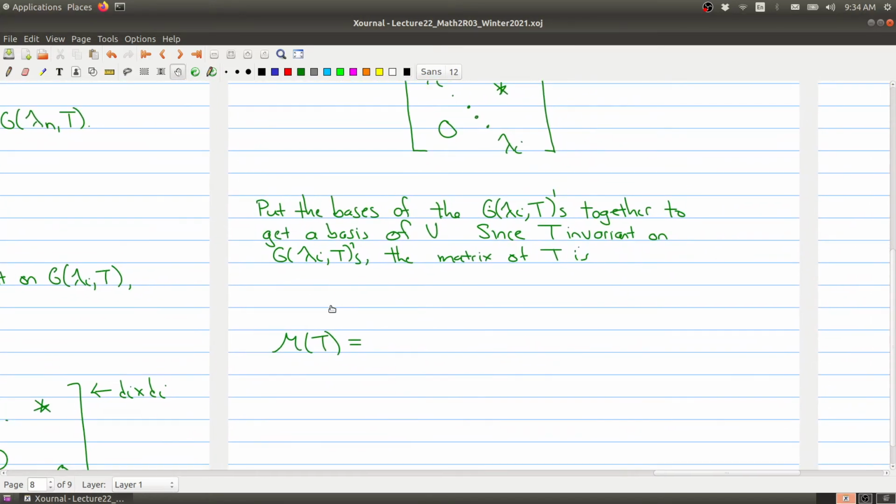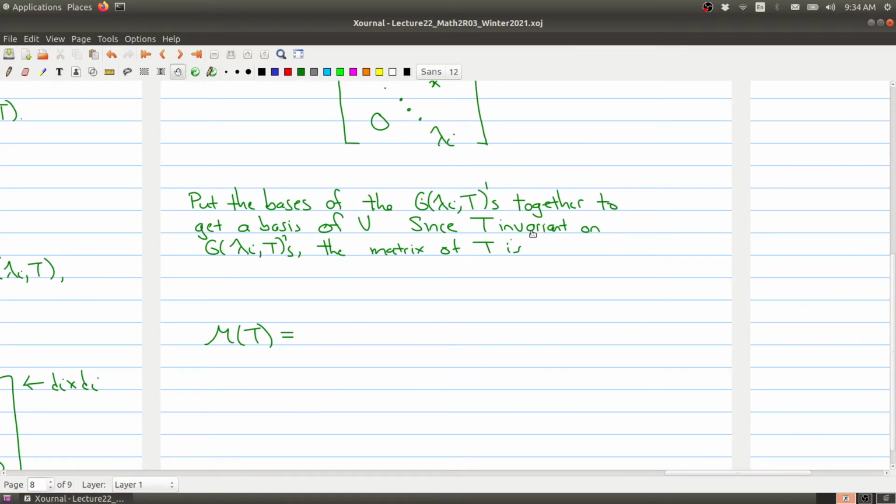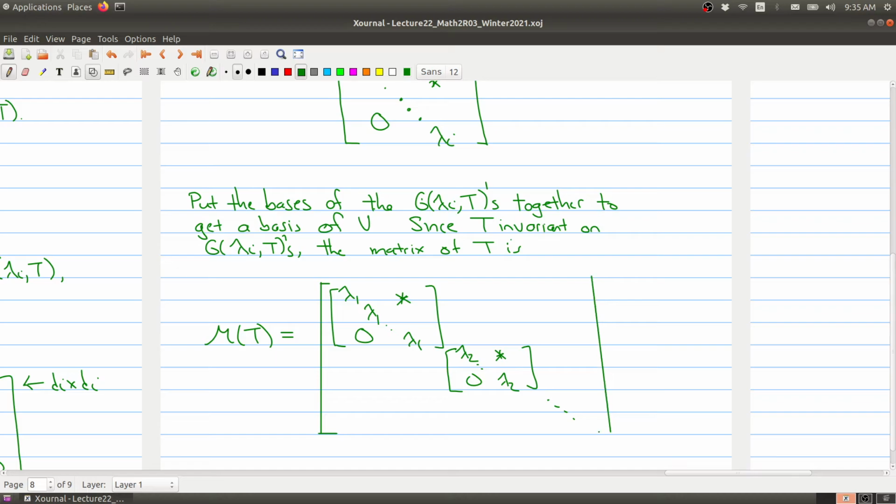Then we want to take all of these bases and put them together to form a basis for V. And since T is invariant on each of those spaces, the matrix associated to the operator T is the matrix you get by putting in all of these little matrices that you found. So you have lambda_1 up to lambda_1. There is your first block. Your second block is lambda_2, lambda_2, with a star right here, and so on. We carry it all the way down.